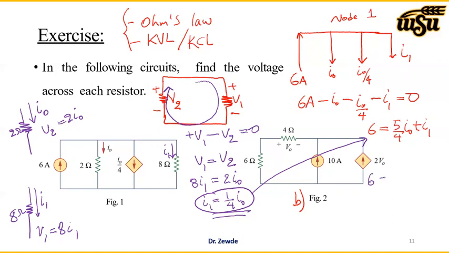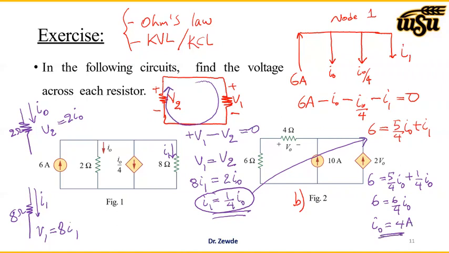What do we get? This will be 6 equal to 5 over 4 I0 plus I1. Now I1 is 1 over 4 I0. So if you add this, it will be 6 over 4 I0 equal to 6, and I0 will be 4 amps.